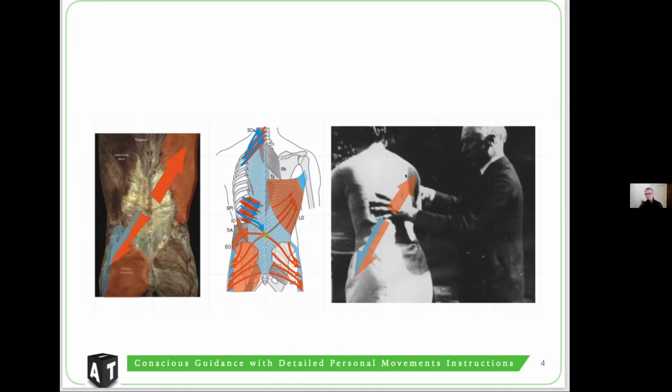This means that you can see here that Alexander is starting to use the mechanism of the arm in order to stretch the thoracolumbar fascia.